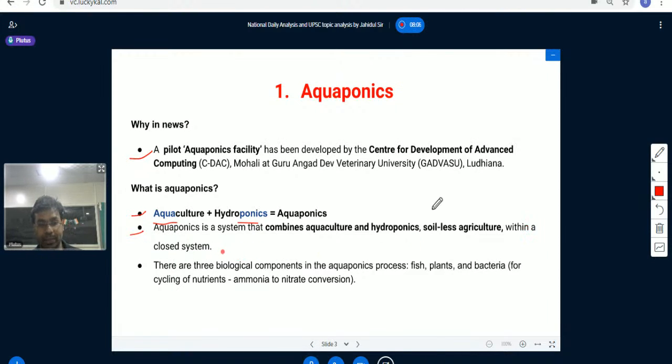There are three biological components in aquaponic processes: fish, plants and bacteria. They are combined together, where cycling of nutrients happens, like conversion from ammonia to nitrate.